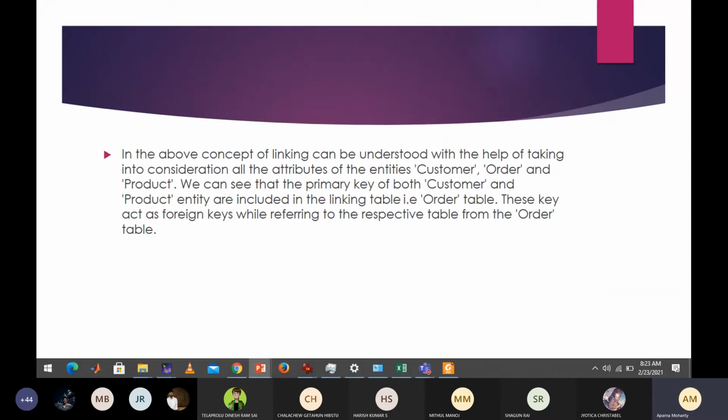Avinav, can you hear me? Yeah, Harish, was this clear to you? Yes, ma'am. Dinesh, was it clear? Okay, Isita, can you hear me?